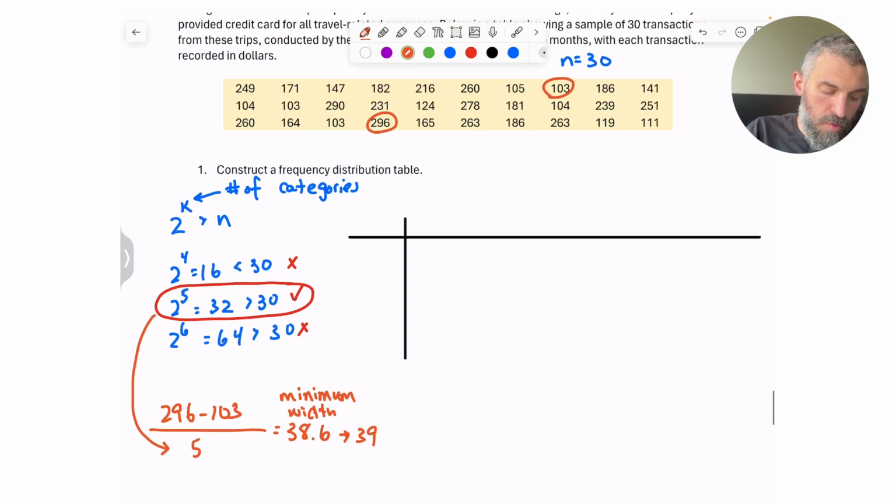So I'm going to start with my lowest value, which is 103. And I'm just going to add 39 to it. So that gives me 142. So my first category is 103 included to 142, but I'm not including the 142. My next category will start at 142. And again, I'm just going to be adding 39 to each one.